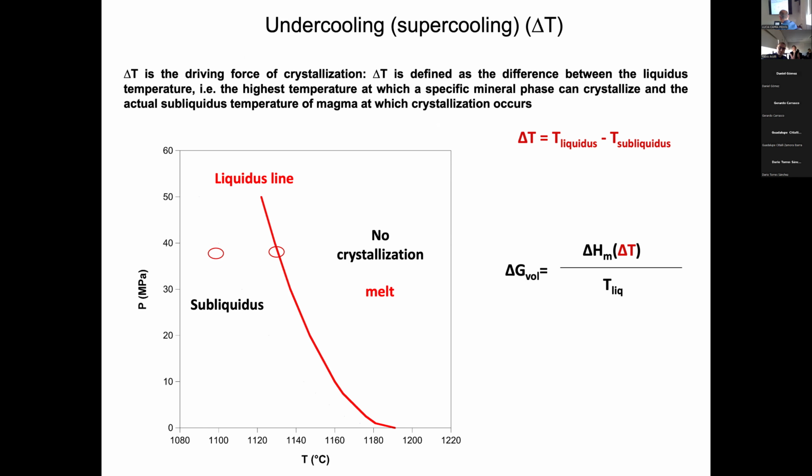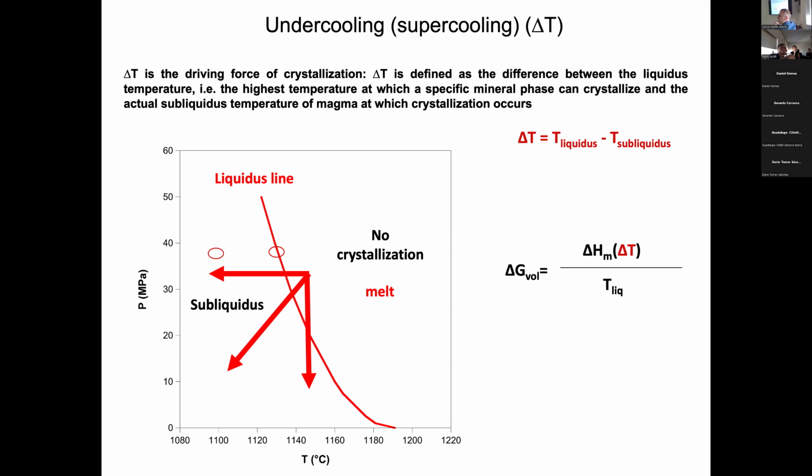So the difference between this temperature and this temperature at fixed pressure will be the undercooling here. And how can we impose an undercooling on our system? We can do cooling at constant pressure, decompression at constant temperature, or, as can happen during ascent in the conduit, you can have decompression and cooling at the same time. So you can pass from a condition above the liquidus to a condition below the liquidus, imposing a certain undercooling.